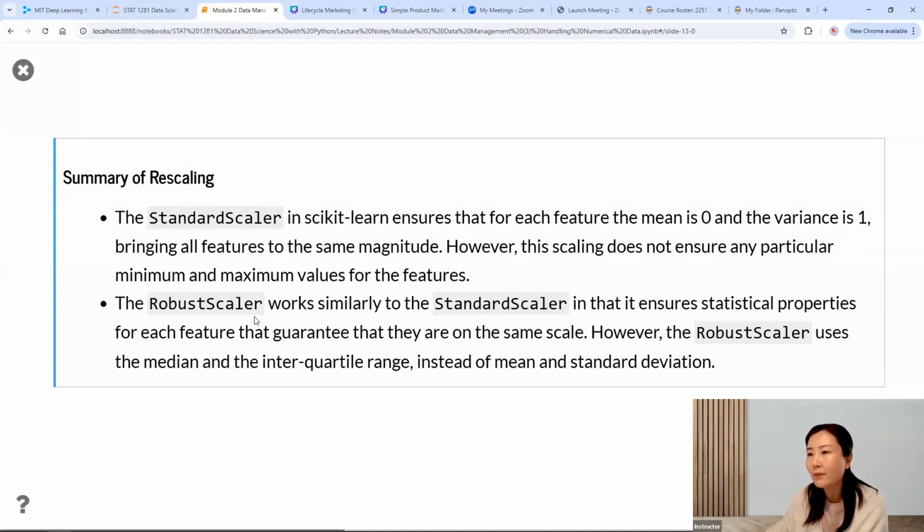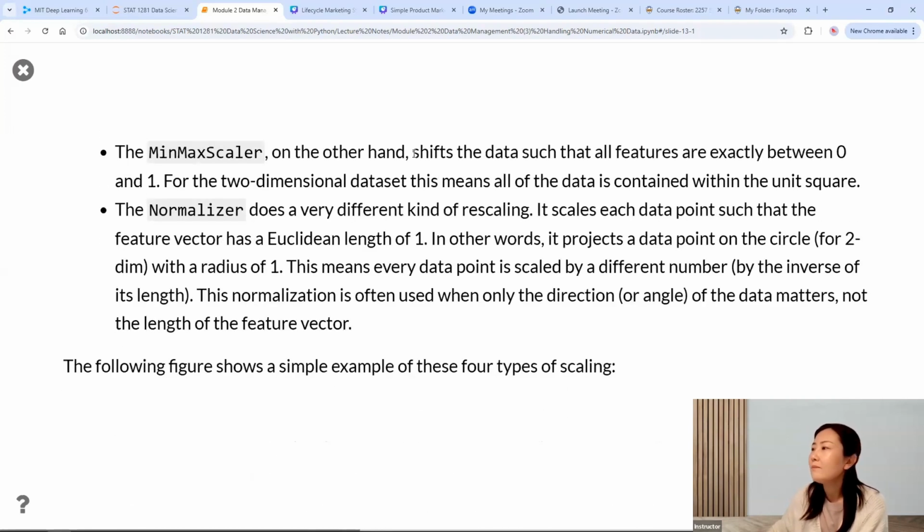It ensures statistical properties for each feature that guarantee they are on the same scale. However, the robust scaler uses the median and interquartile range instead of the standard deviation. For min-max, after the transformation, the minimum will be 0 and the maximum is 1. And the normalizer will ensure that the norm of each row will be equal to 1.